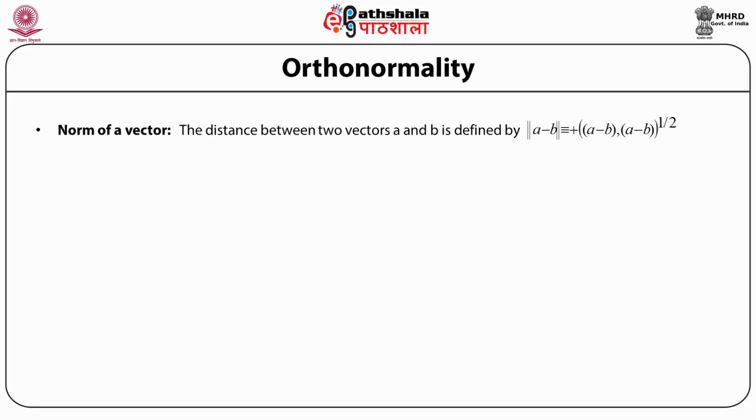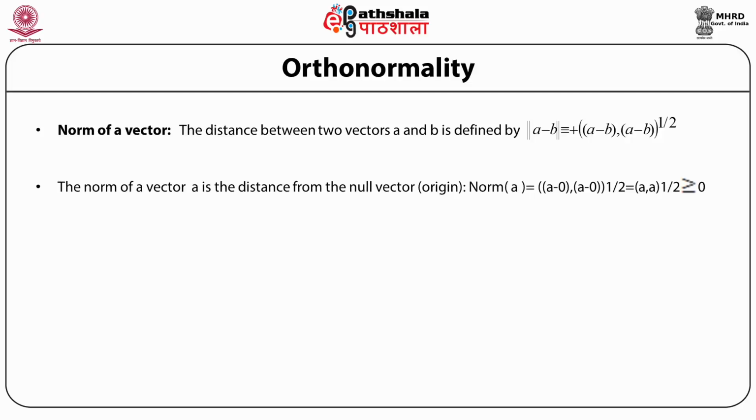The distance between two vectors A and B is defined by the norm of the vector, which is given as norm of (A minus B) equal to the scalar product of (A minus B) with again (A minus B), whole to the power half, which means that the norm of a vector or the distance between two vectors A and B is defined as the square root of the inner or the scalar product of the difference between the two vectors A minus B.